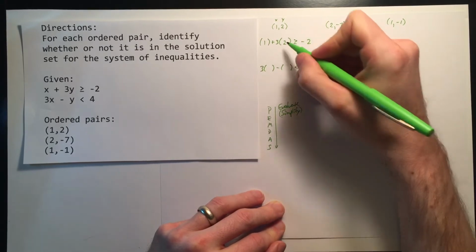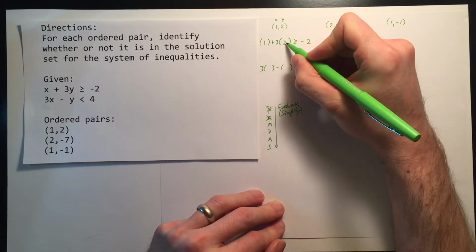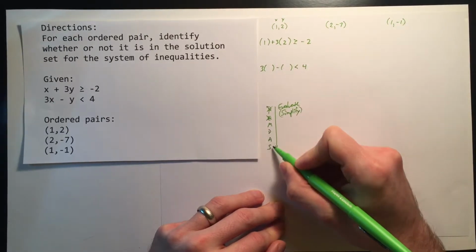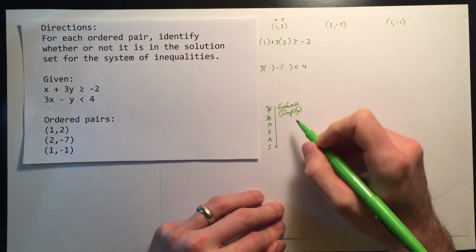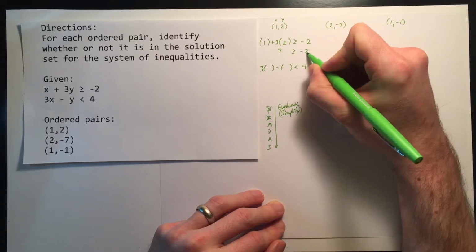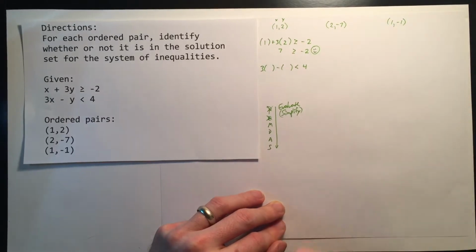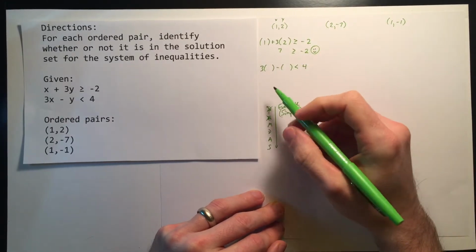And there's nothing inside the parentheses happening. There's no exponents, but there is multiply. 3 times 2 is 6. Then, continuing down, I do the addition. Plus 1 is 7. Is 7 greater than or equal to -2? Yes. So we're going to draw a smiley face. Yes, it is.